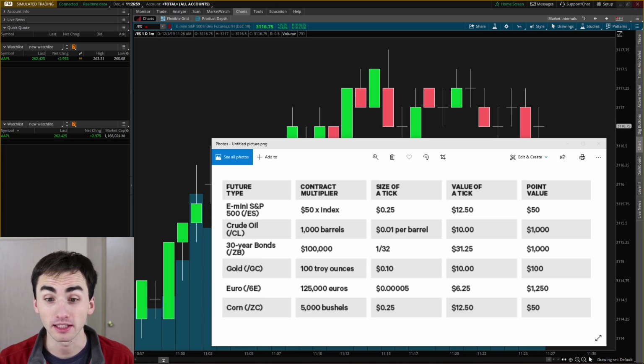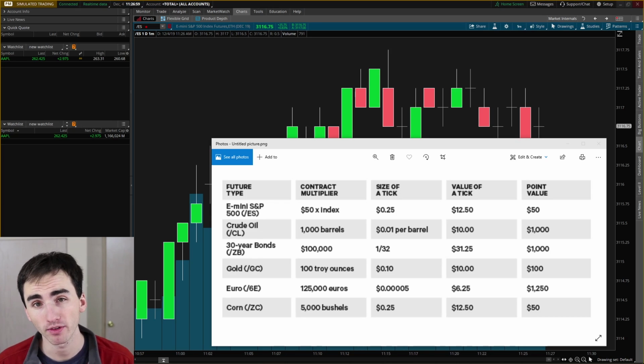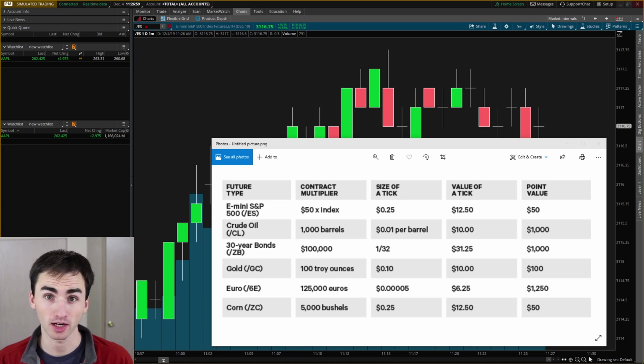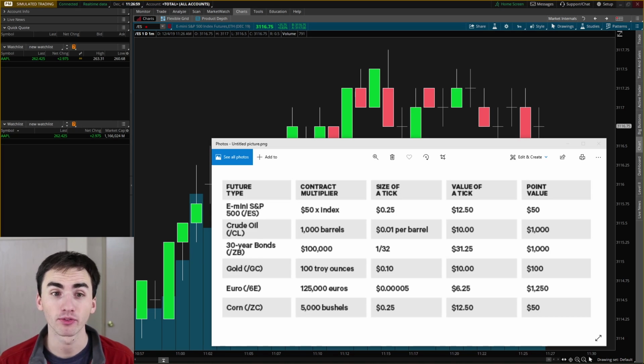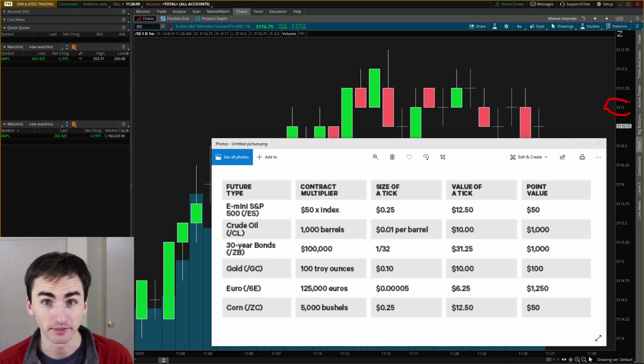Now, another big difference between futures and stocks is that stocks always just go up in pennies and then dollars, and the actual price of the stock is how much you have to pay for each share that you buy. In terms of futures, it doesn't work like that. For instance, here, the ES futures is trading around 3,117. It's not going to cost you that much money to buy a contract of the ES futures.